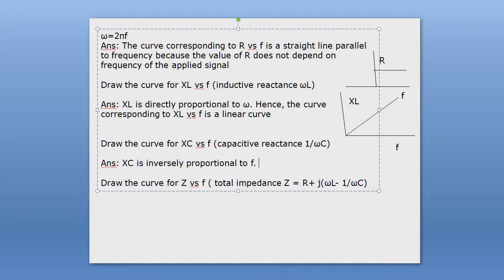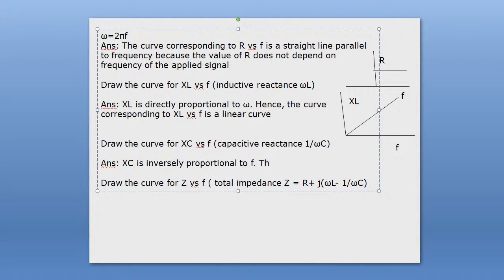Therefore, capacitive reactance increases when omega decreases, and capacitive reactance decreases when omega increases. That means you will get an exponential curve.